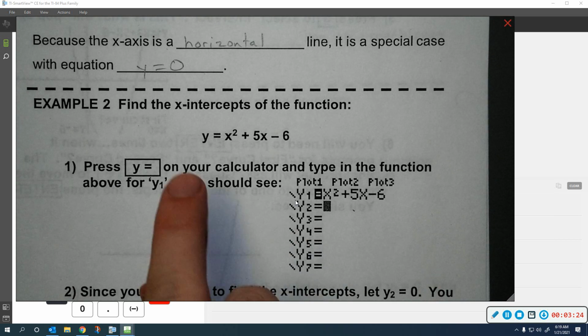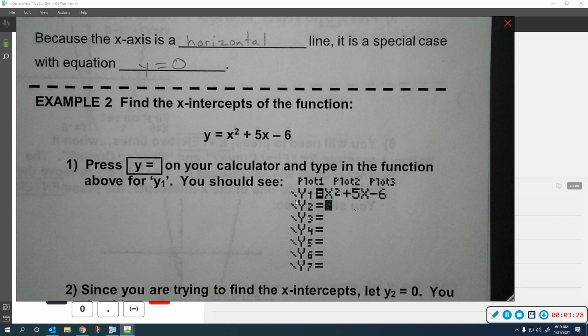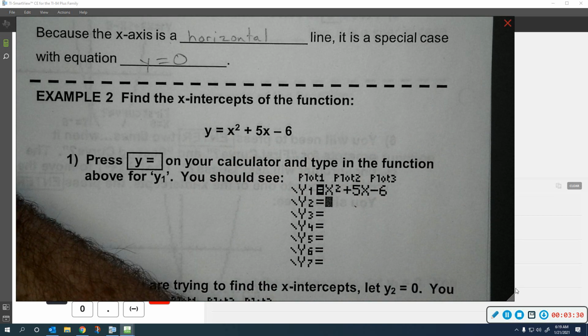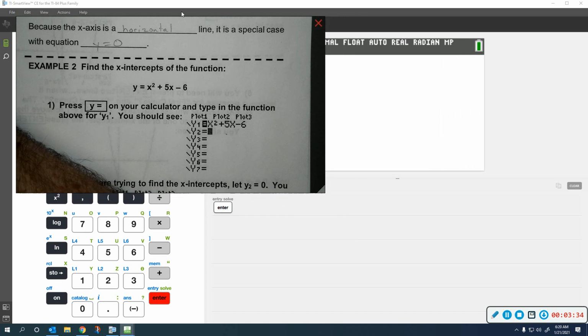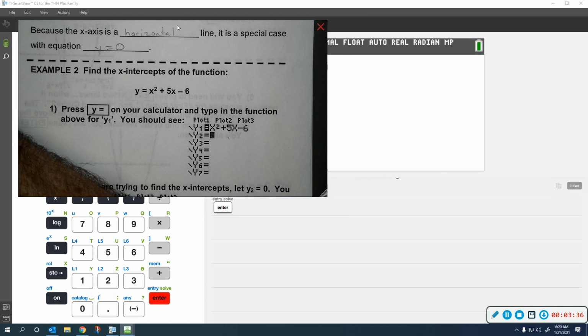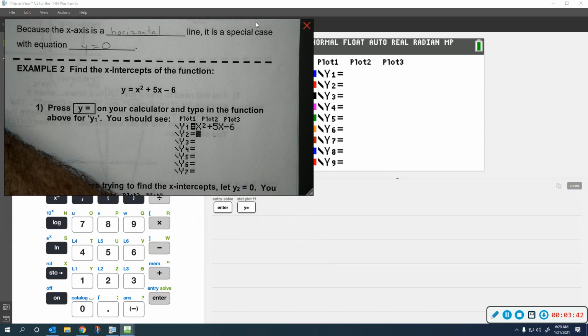The first thing you'll have to do is type your equation into y equals. So I'm going to do this side by side so you can see both. First, on your calculator, you're going to have to go to the y equals menu. So boom, hit y equals. From this menu, you're going to type in your quadratic.